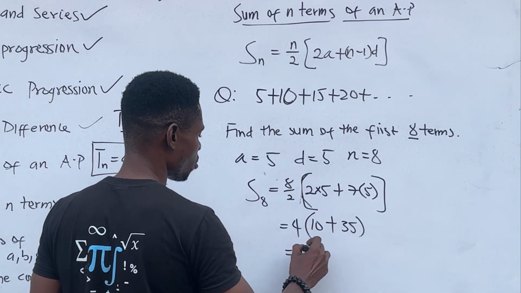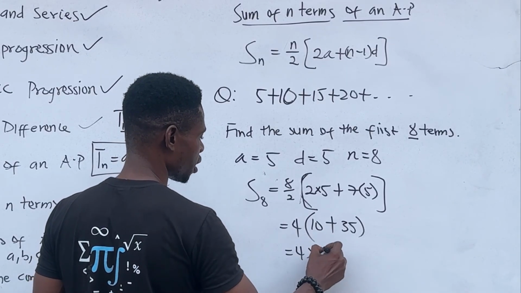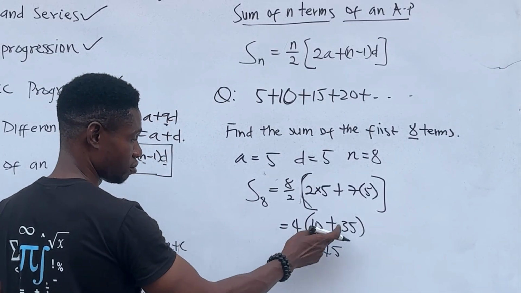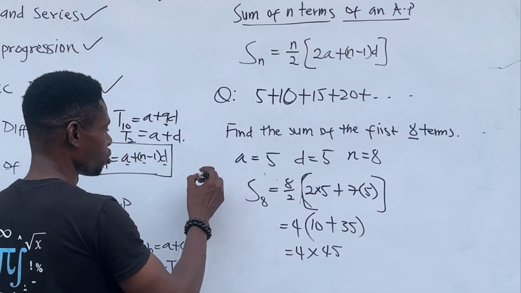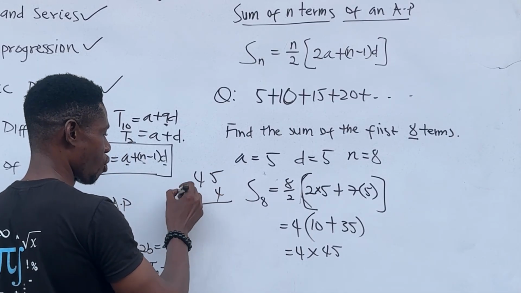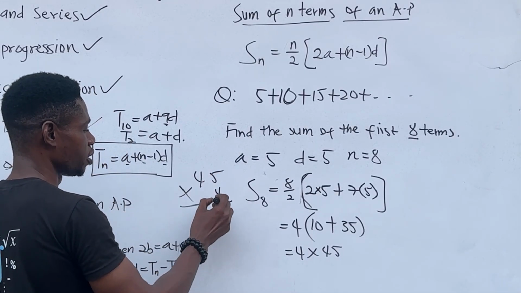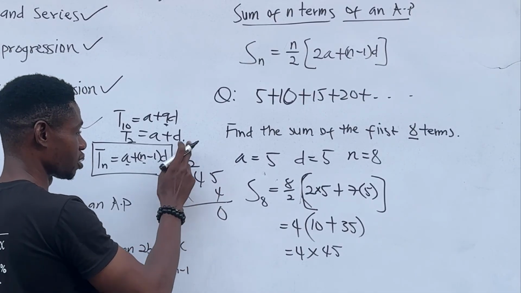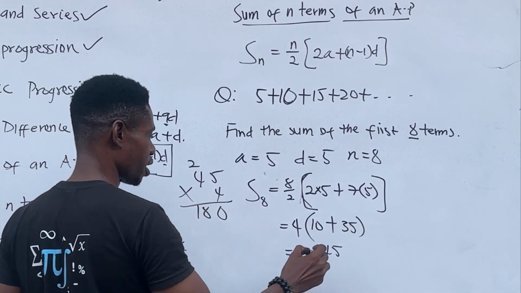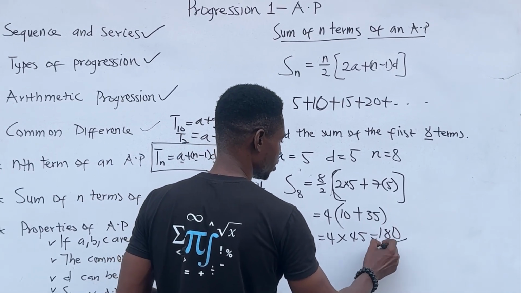So we have 4 multiplied by 35 plus 10, that's 45. So 45 multiplied by 4: 4 multiplied by 5 is 20, write down 0, carry 2. 4 multiplied by 4 is 16 plus 2, 18. And then your answer is 180.